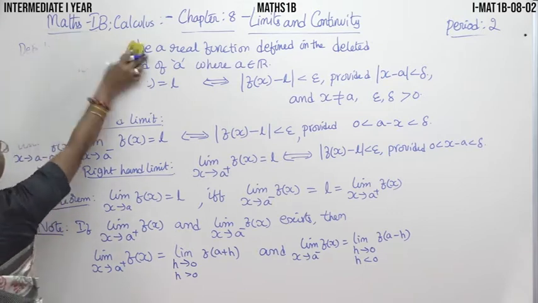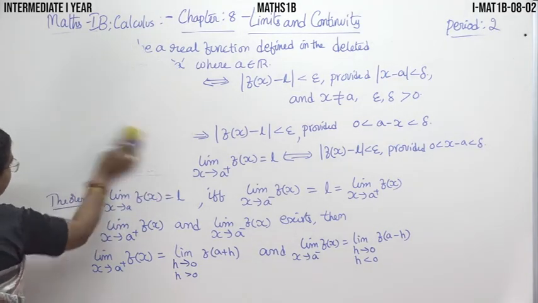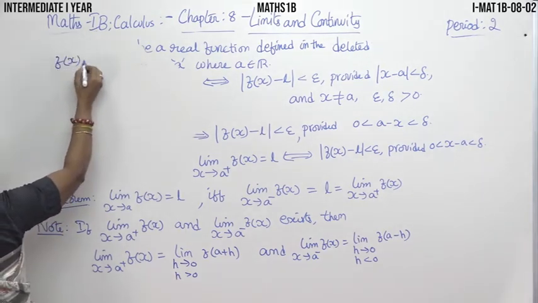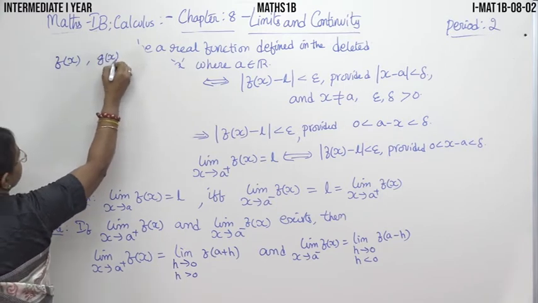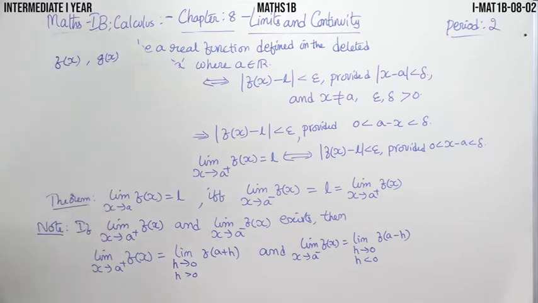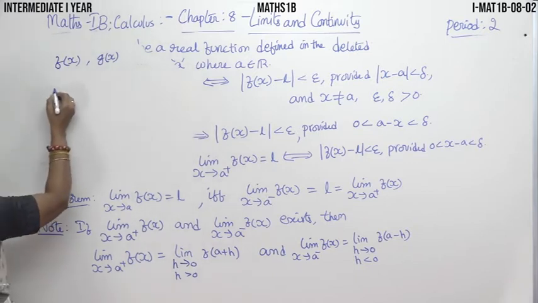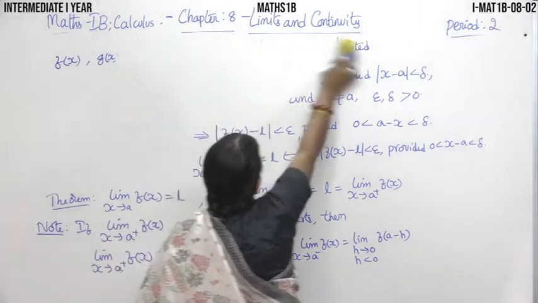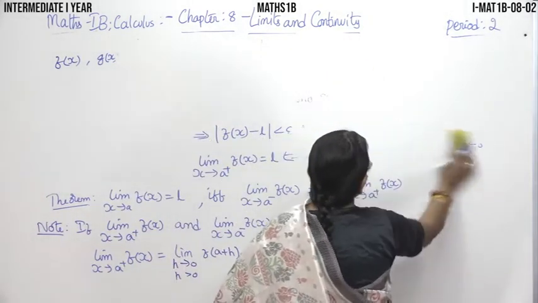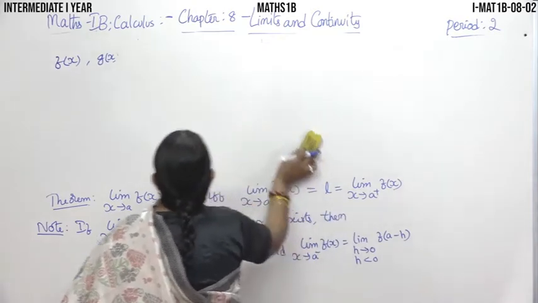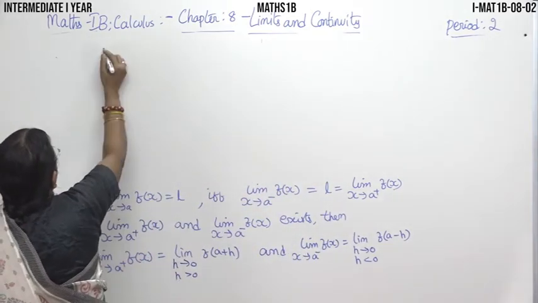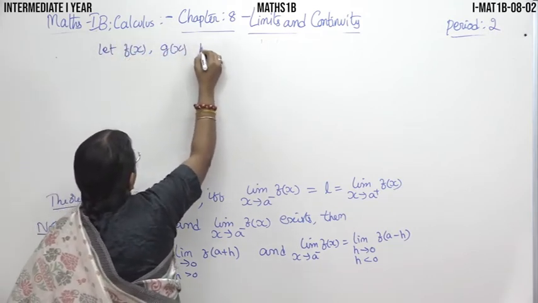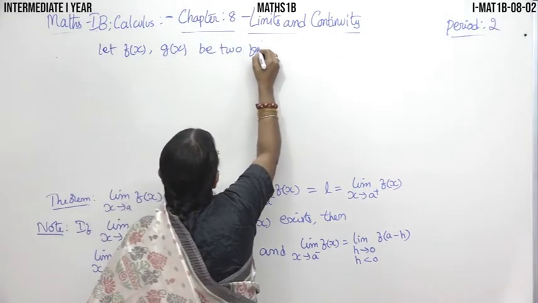Now we'll learn some properties of these limits. Suppose that you have some functions f of x and g of x. Let f of x and g of x be two functions defined in the deleted neighborhood of a.